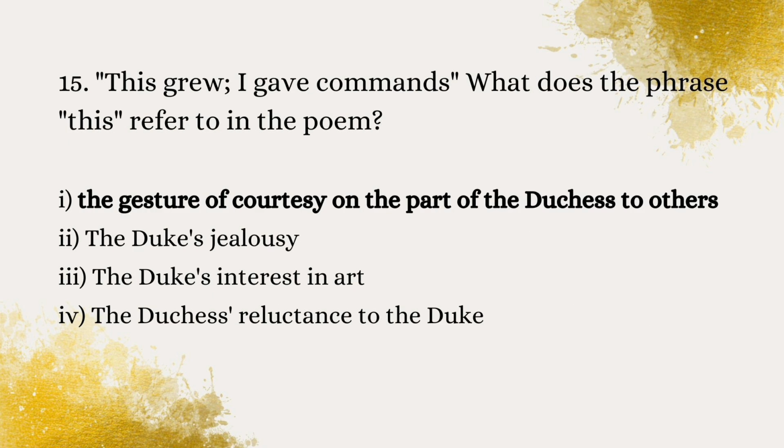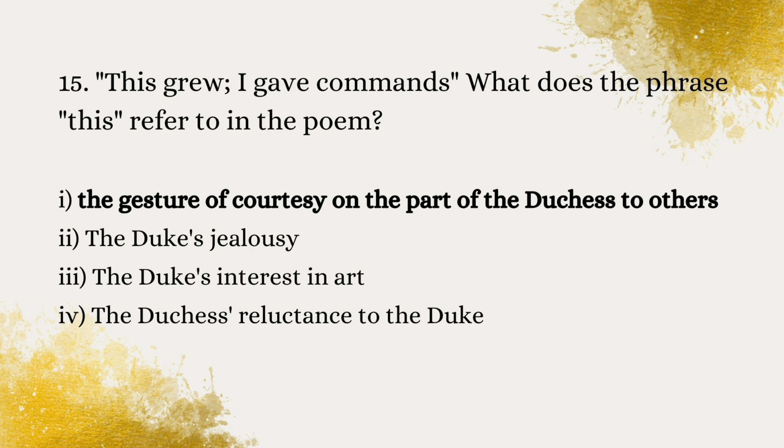The last question is: "This grew; I gave commands." What does the word "this" refer to in the poem? The options are: the gesture of courtesy on the part of the Duchess to others, the Duke's jealousy, the Duke's interest in art, and the Duchess' reluctance to the Duke.